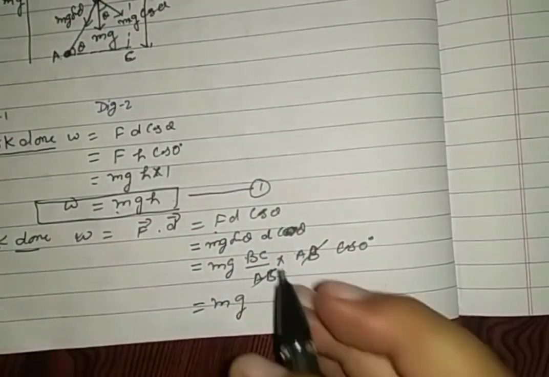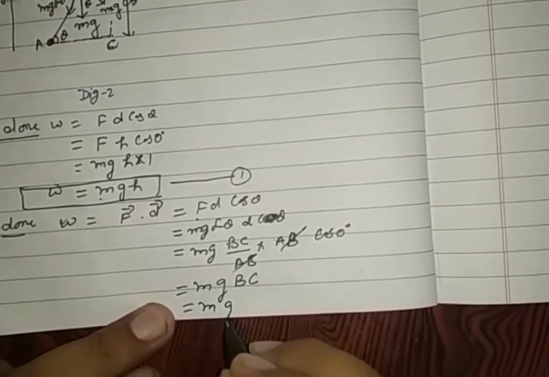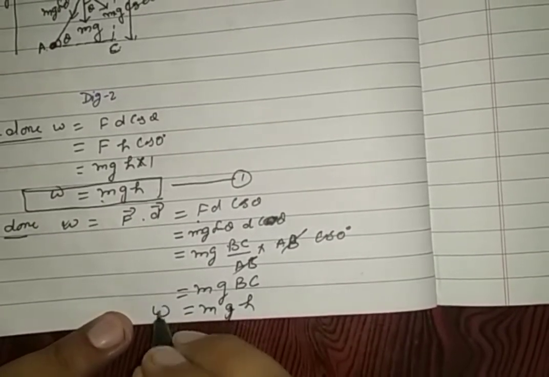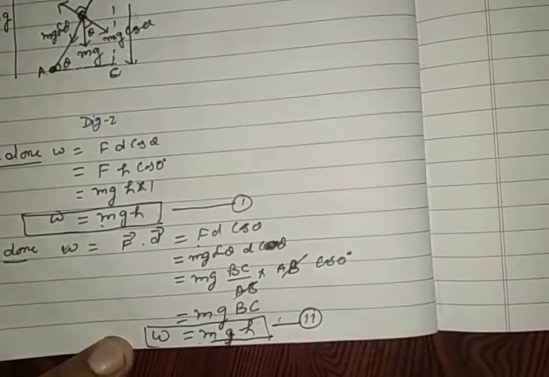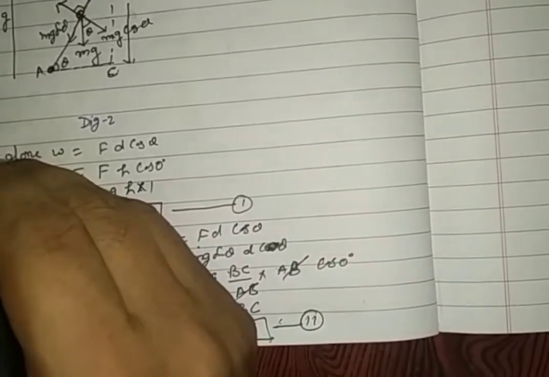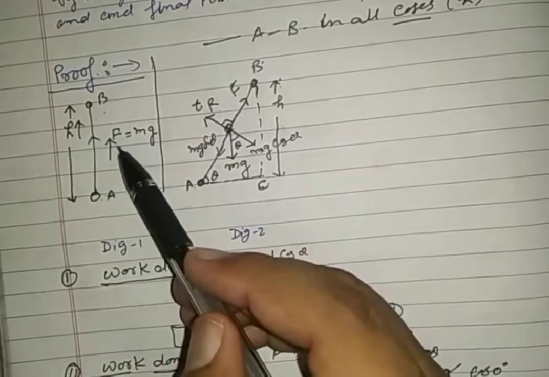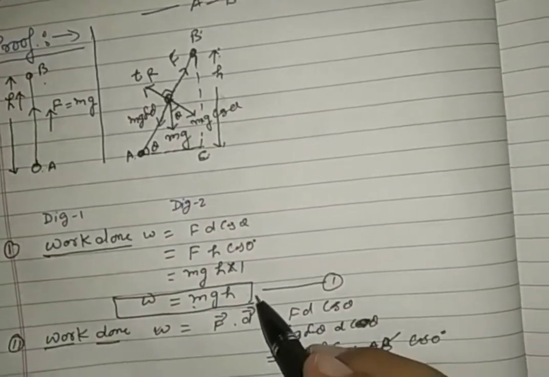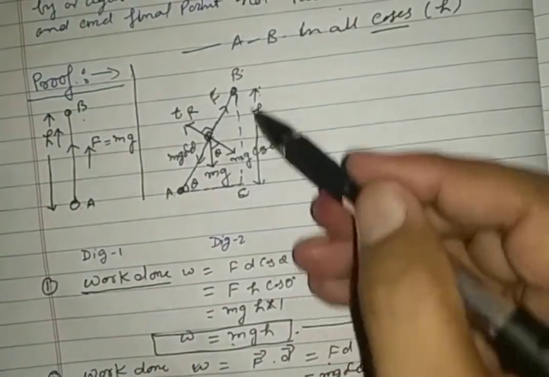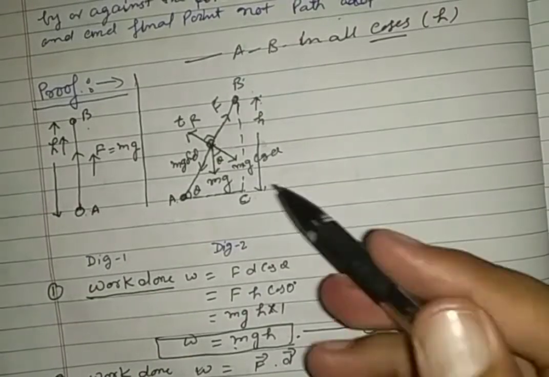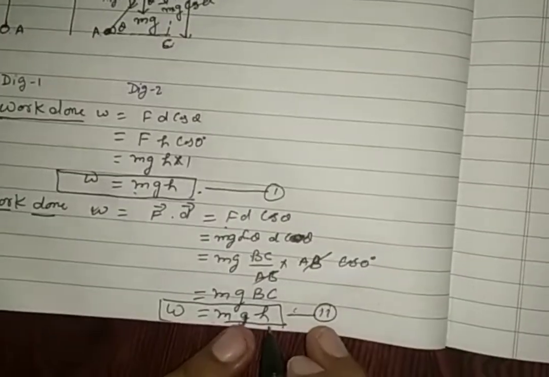So mg BC, see in the diagram BC is h, so we can write it is mgh. So in the second case also the work done is the same. In the first case, when uplifting the ball from A to B, traveled height h, the calculated work done is mgh, and when we bring the body from A to B up to equal height, the calculated work done is also mgh.